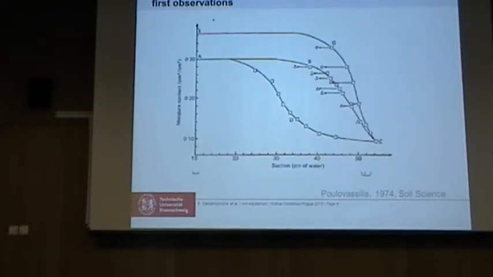He did this for a lot of points on the retention curve, and he noticed that these effects are more pronounced in the wet range and not in the dry range. So there is a drifting of the retention curve to the left. And interestingly, he didn't notice any effect on the imbibition curve.